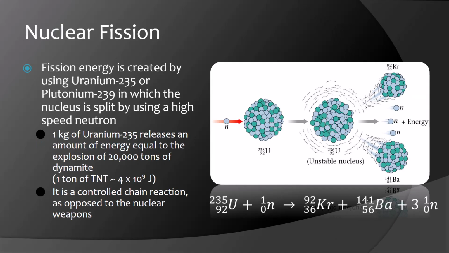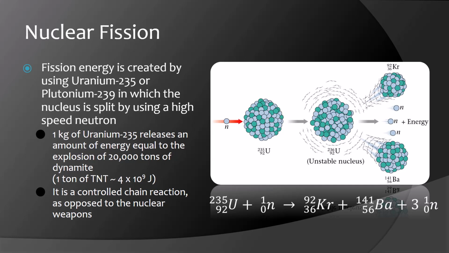In the process of fission, we take a very heavy radioactive substance such as uranium-235 or plutonium-239 and shoot a high-speed neutron at it. This causes a disruption within the strong force as well as the repulsive force, imbalancing that proton to neutron ratio, causing the nucleus to become unstable and split into two different new elements.